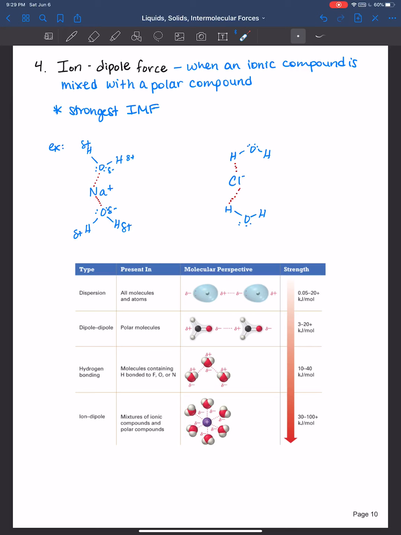Now, intermolecular forces is a topic I'm spending a lot of time on. Your first semester general chemistry professor may have covered this topic already, and hopefully, if that's the case, that's great. That's review for you, right? However, I'm really passionate about reviewing it again because this topic is important for a lot of different reasons.